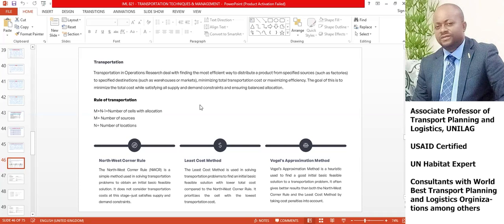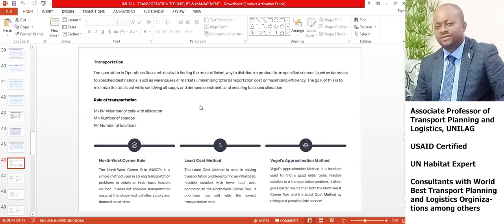Transportation in logistics is the same thing as transportation in operations research, and it deals with the most efficient way to distribute a product from source to destination. The aim is to minimize the total costs of transportation.